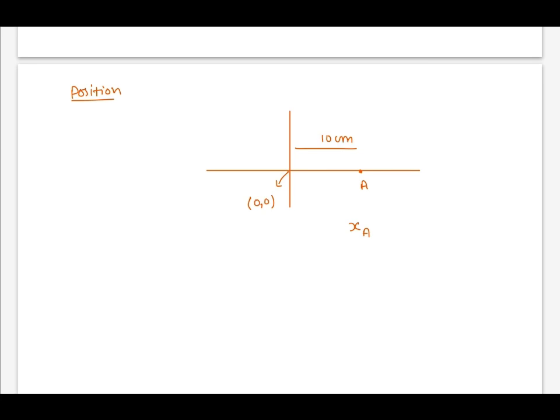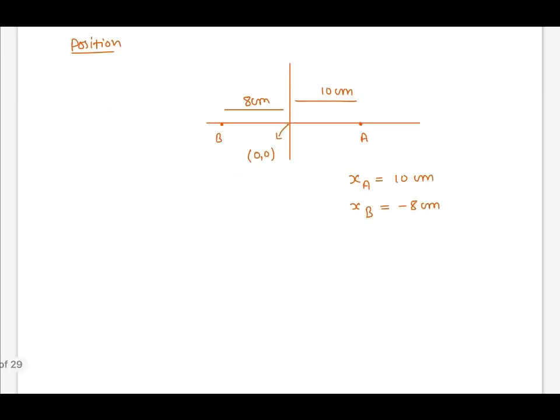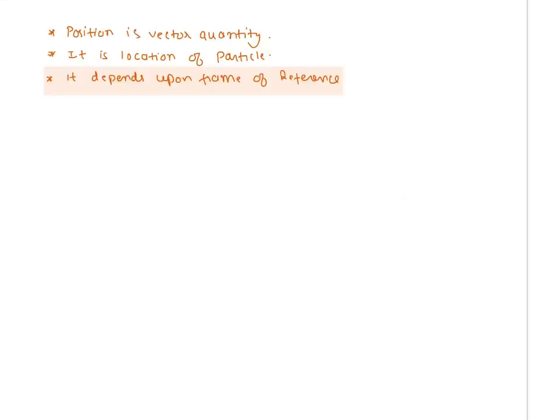X_A, position of A, will be equal to 10 centimeters. This is say point B. Let this be 8 centimeters. So what is position of B? It is minus 8 centimeters. So now I hope position is clear. Position is a vector quantity which has magnitude as well as direction. We have seen that position is a vector quantity and it is nothing but location of that particle.